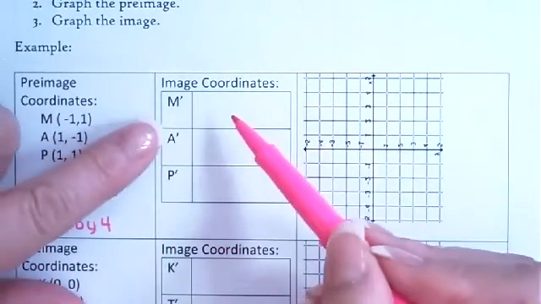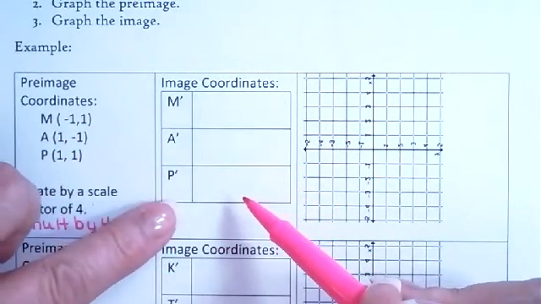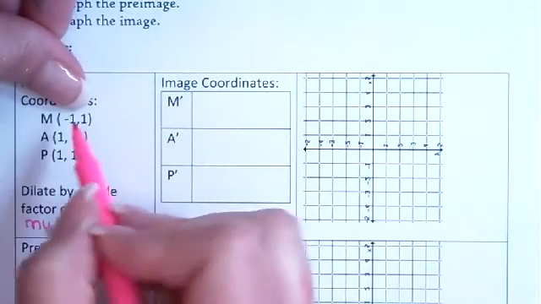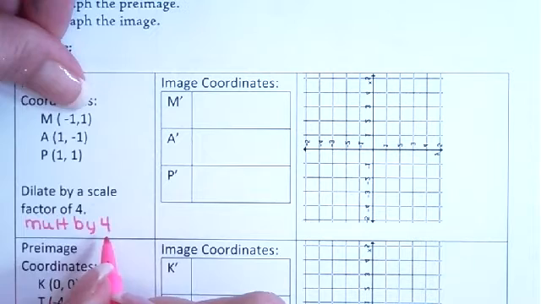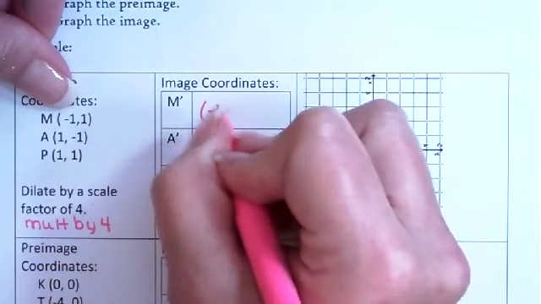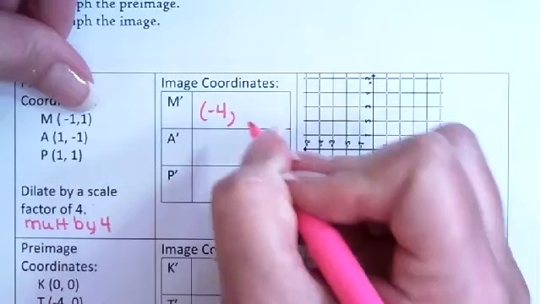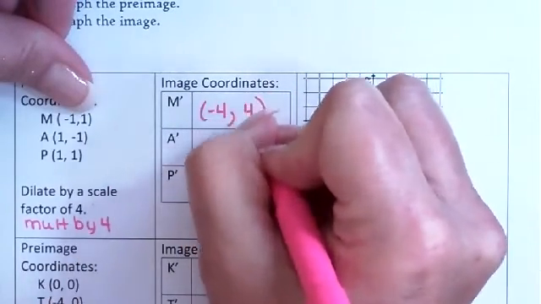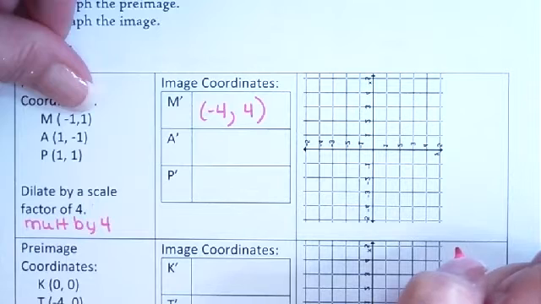I'm going to write that over here as my new ordered pairs. Okay, so like right here, M is negative 1, 1. If I multiply by 4, negative 1 times 4 is negative 4. 1 times 4 is 4. Now, these are ordered pairs, so make sure you're putting commas and parentheses.